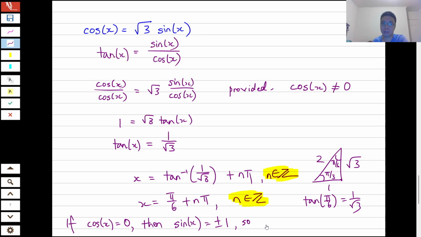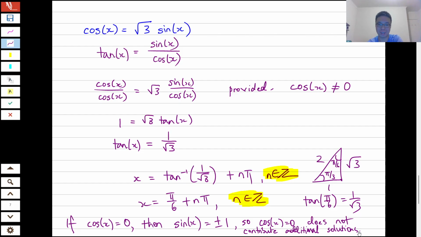So cosine of x equals 0 does not contribute any additional solutions. And thus, our last line there, x equals pi on 6 plus n pi, where n is an integer, accounts for the full set of solutions for this equation.